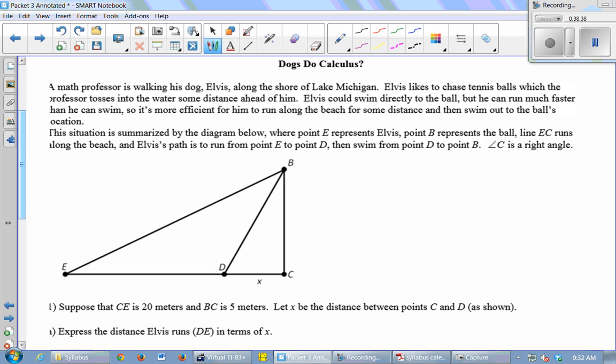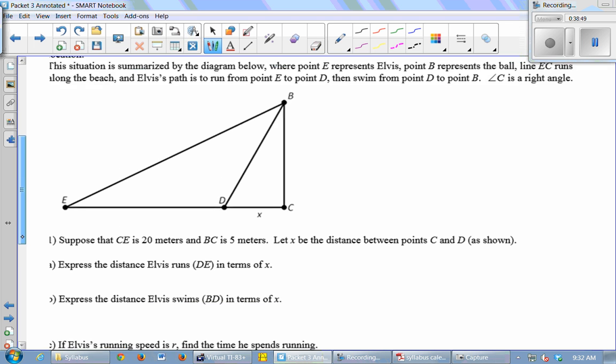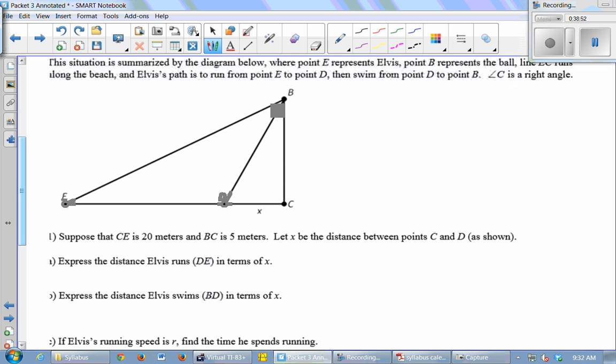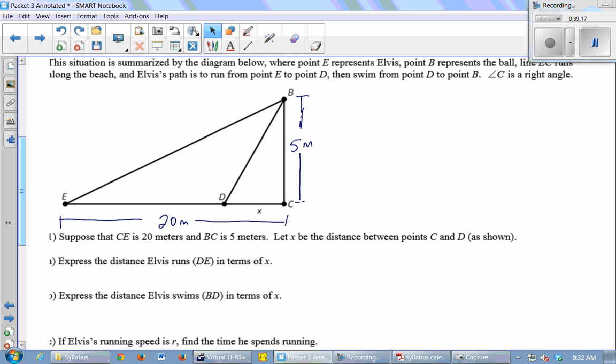How far should D be from E to make the time it takes for him to get to the ball the fastest, shortest amount of time. So we're assuming that CE is 20 meters and BC is 5 meters. And X is the distance between points D and C. All right, so I'm going to have you work through it in your groups.